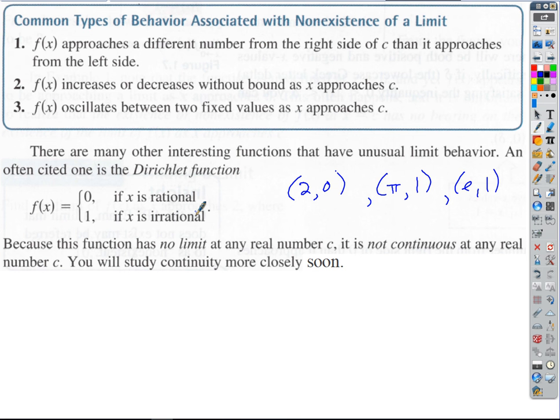How many rationals are between the two? Infinite. So it's an ungraphable function. Obviously, it's discontinuous everywhere. Pretty weird. It's a weird idea, but it's a function. It's defined everywhere, isn't it? Strange.